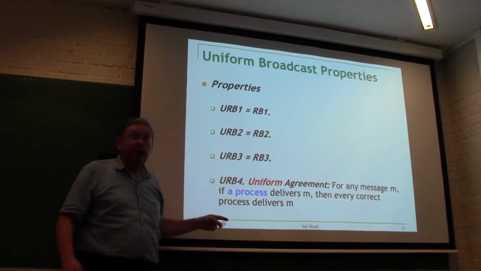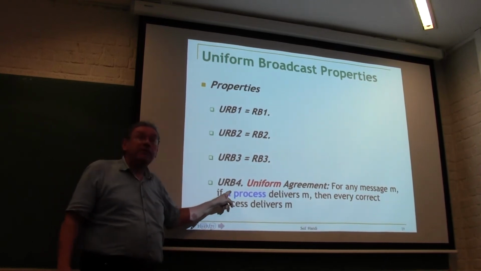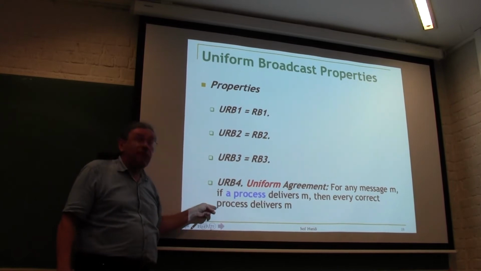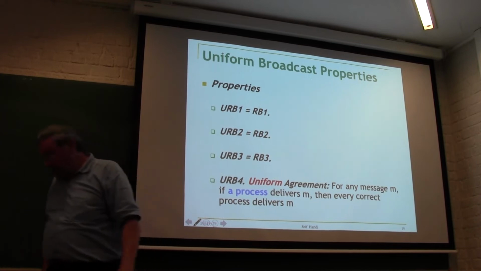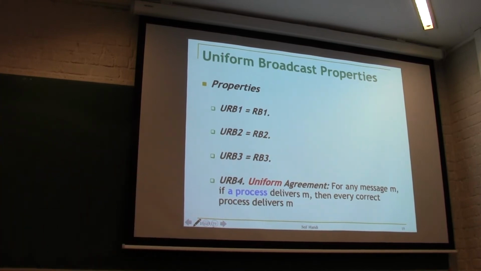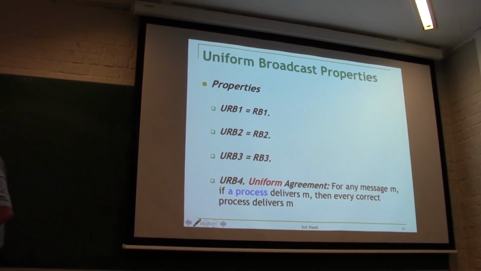So this is actually a very strong thing. We remove this adjective. You see that? Now we're worrying about failed processes. And actually, it's a much harder algorithm to implement. Small change in the specification, and you'll see it makes a huge difference in the code.